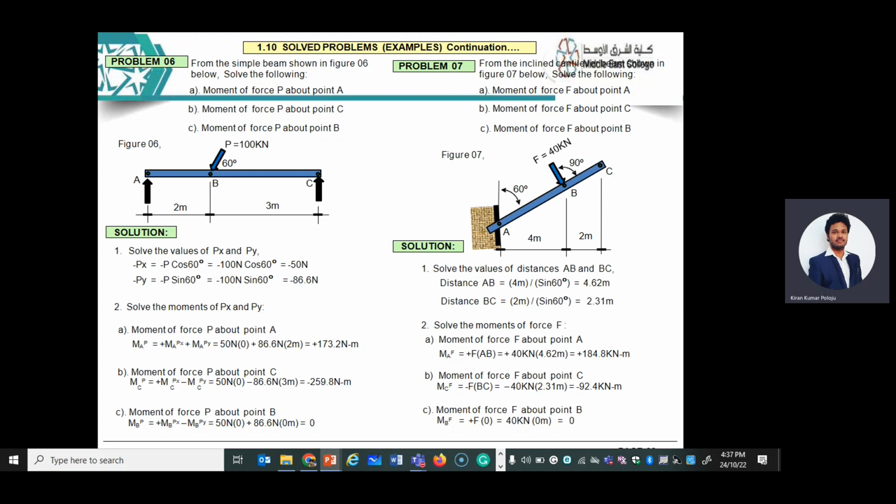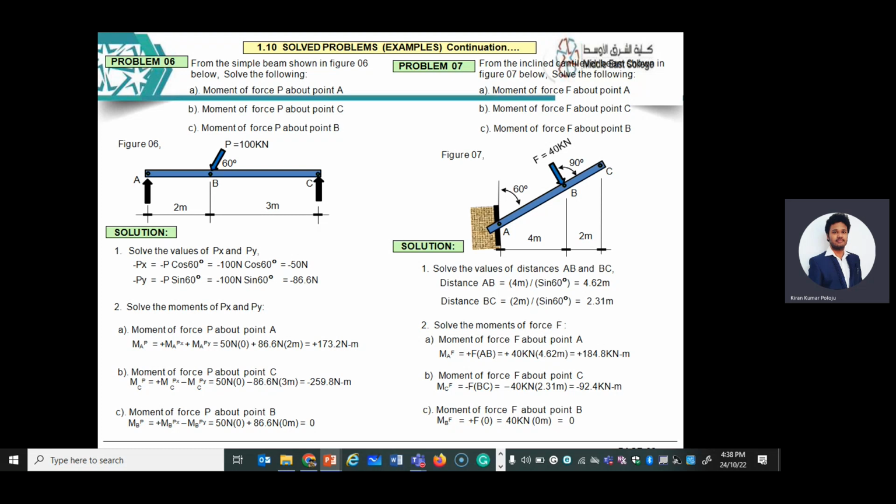If you see, for the second case, about the point C, you have to come from this side. You have to come from the left hand side or anti-clock. So here, what is this distance? 3. If you are coming from point A, the distance is 2 meters. But if you are coming from point C, the distance is 3 meters.